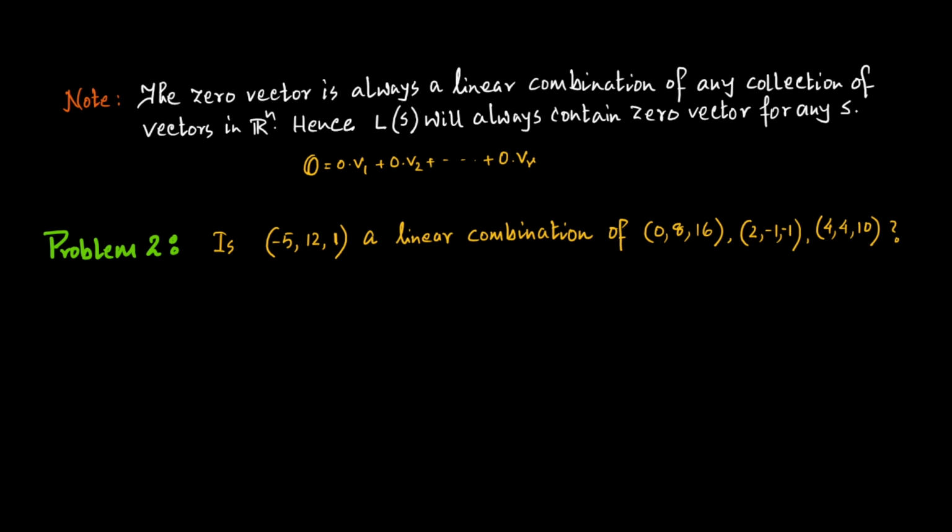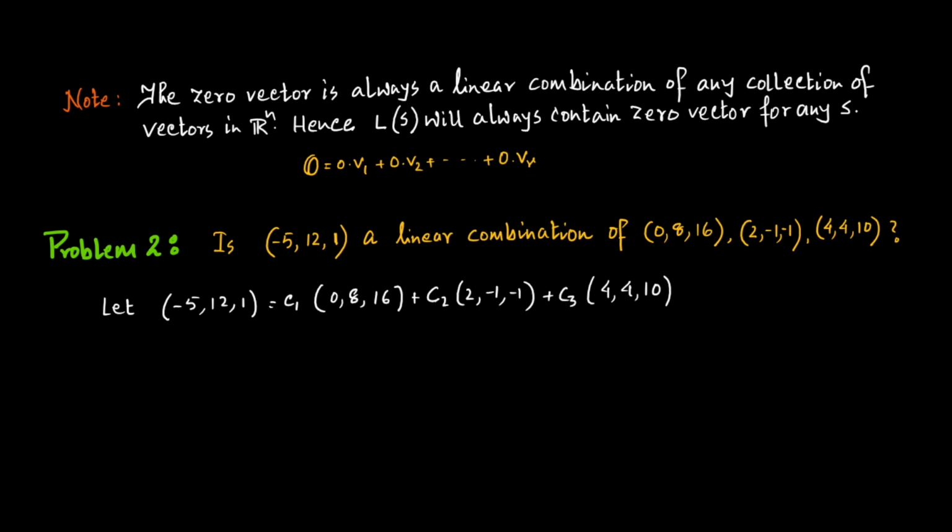If possible, let (-5, 12, 1) be a linear combination of these three vectors, so (-5, 12, 1) is equal to c1 into (0, 8, 16) plus c2 into (2, -1, -1) plus c3 into (4, 4, 10) for some real numbers c1, c2, c3.